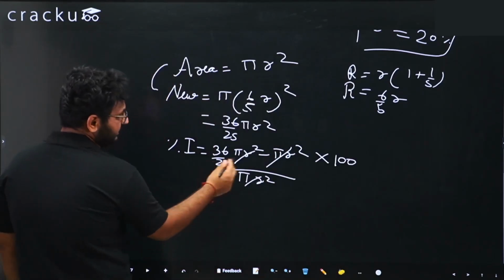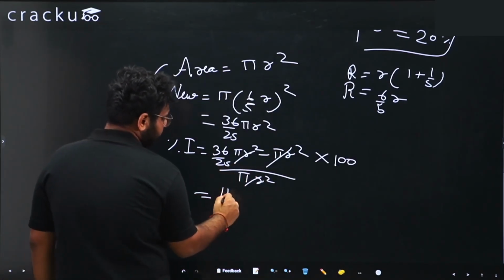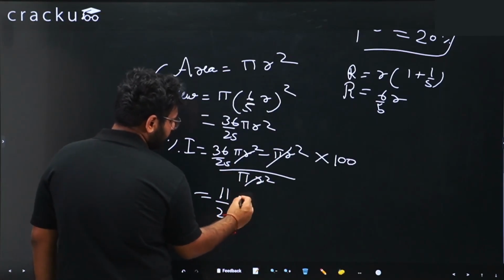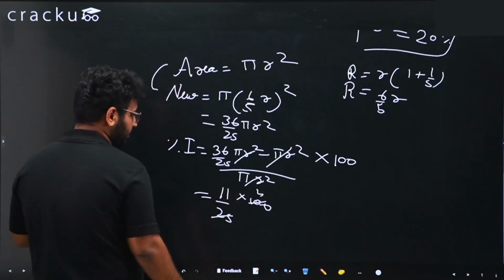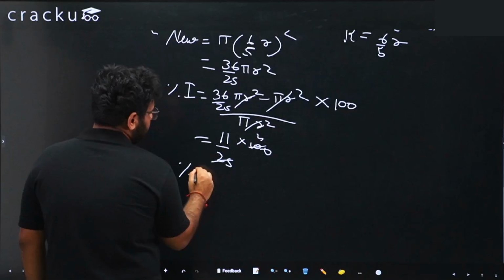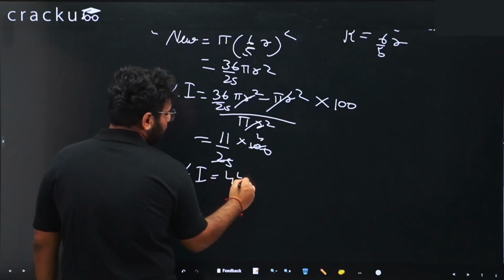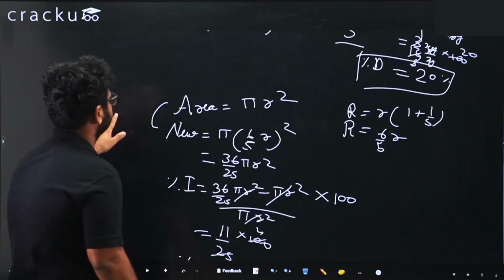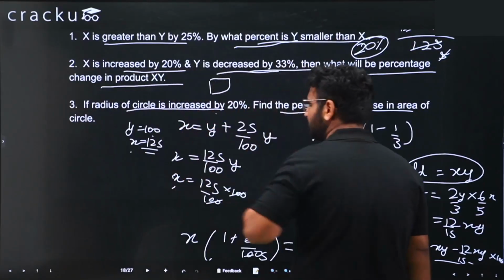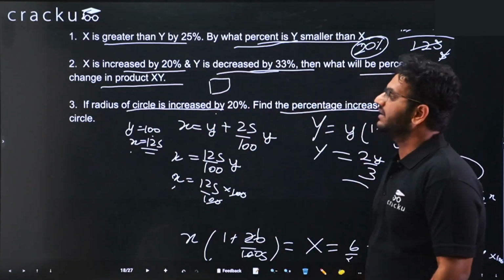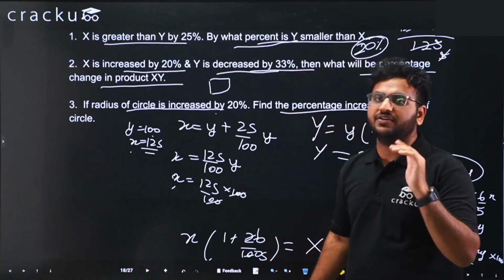So this will be 36 minus 25, which is 11 by 25 into 100. So 25 fours are 100. So the percentage increase in area will be equal to 44%. So if the radius of the circle is increased by 20%, the percentage increase in the area of the circle would be 44%.